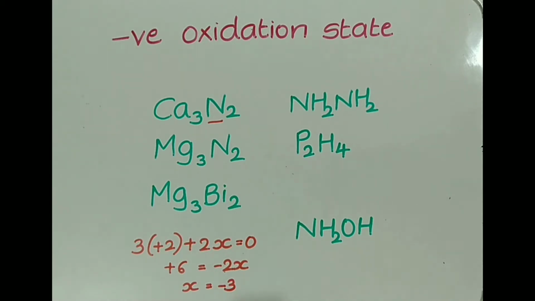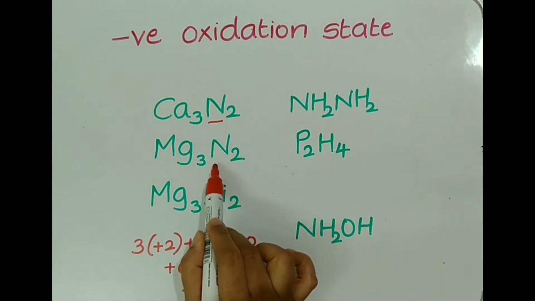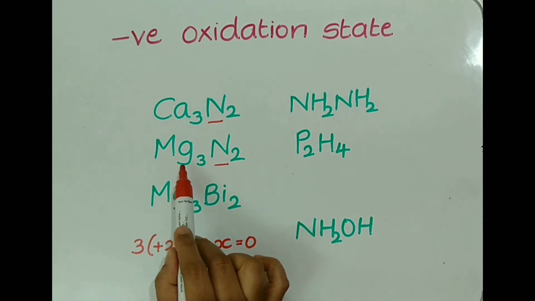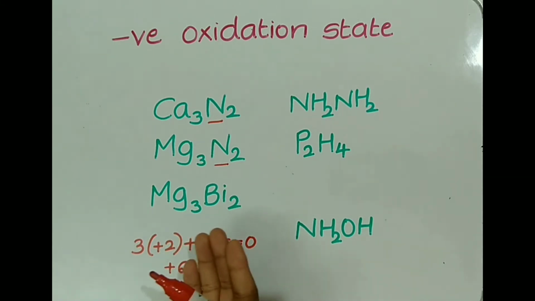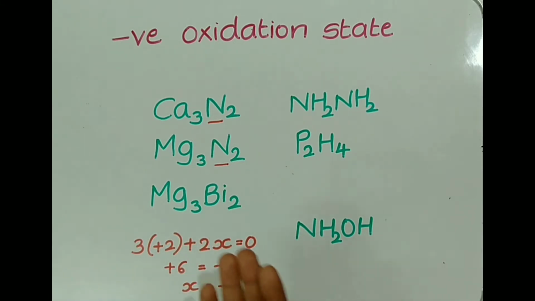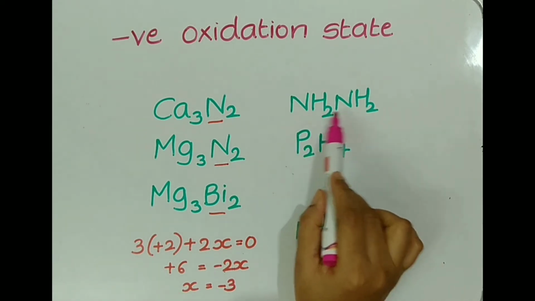Similarly, if you calculate the oxidation state of nitrogen in magnesium nitride, you get -3. Magnesium bismuthide, you get -3. Calculate and check your answer. Now, the oxidation state of nitrogen in the hydrazine compound NH2NH2.